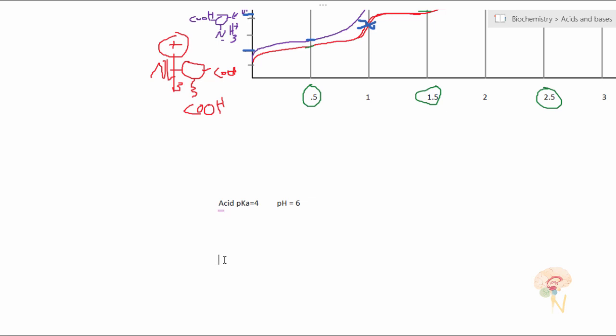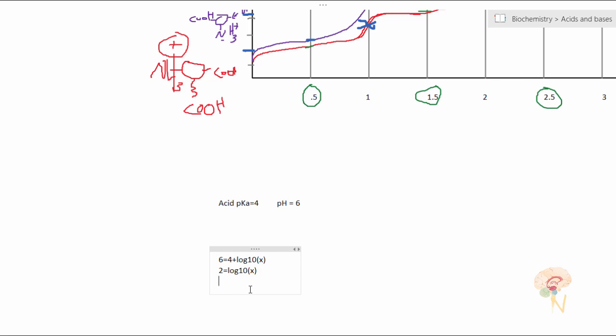The equation says pH equals pKa plus the logarithm of the ratio, so 6 equals 4 plus log of x. The ratio is always the base over the acid. 6 minus 4 is 2, which equals log base 10 of x. To find x, 10 to the 2 is 100. So the ratio of the base to the conjugate acid is 100.